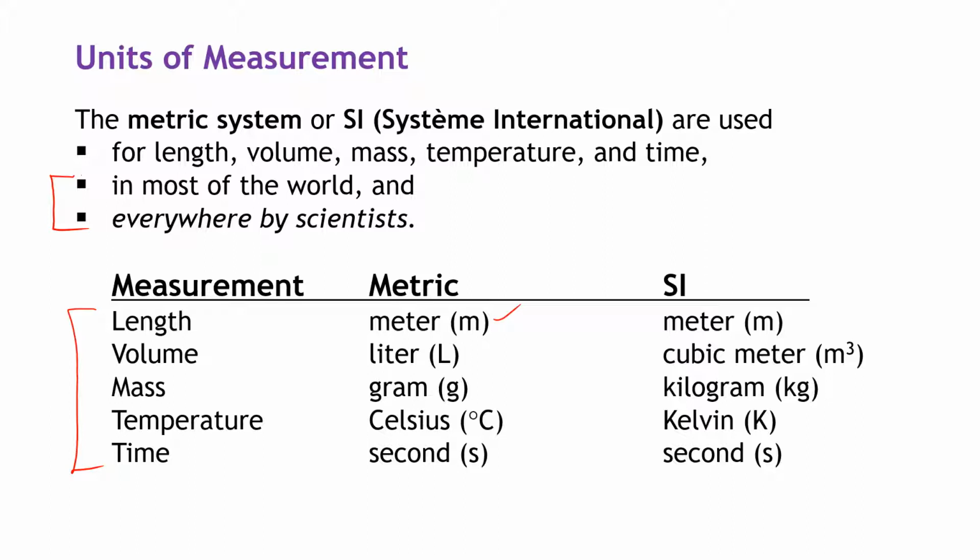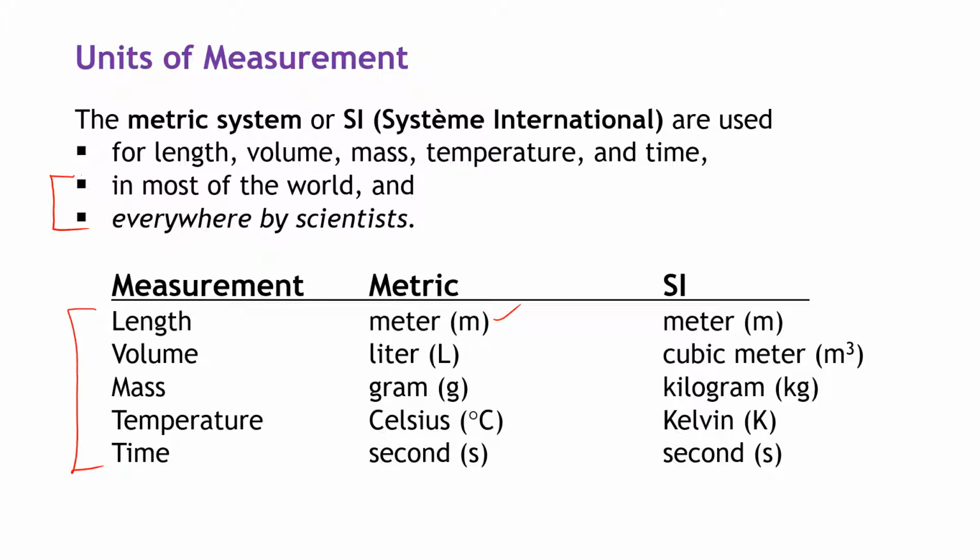This is not really the time to be going into all of this, but I very much encourage you to go on the internet and look at the history of the metric system, understand a little bit more about how these units were developed, because it is utterly fascinating.